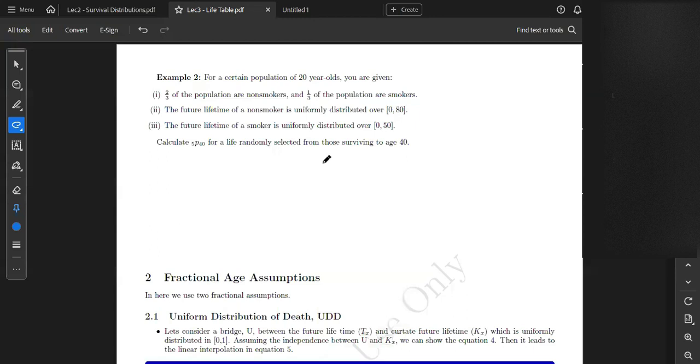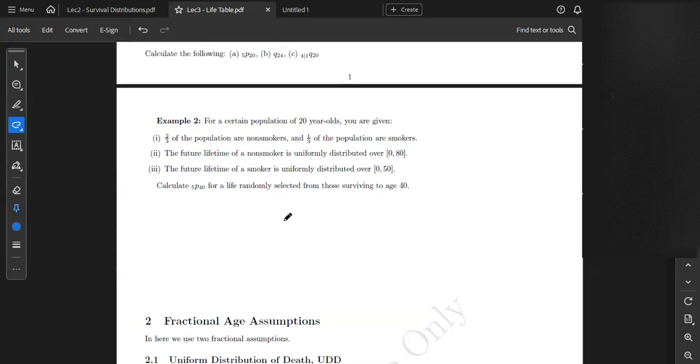example. So in this example, it says for a certain population of 20-year-olds, so we are given 3 points. 2/3 of the population are non-smokers and 1/3 of the population are smokers. So now, before giving any more information, they say that the population of age 20 has two distinguished categories, smokers and non-smokers.